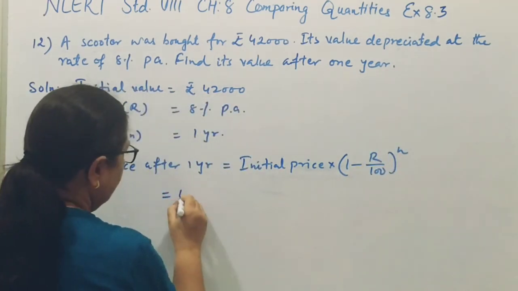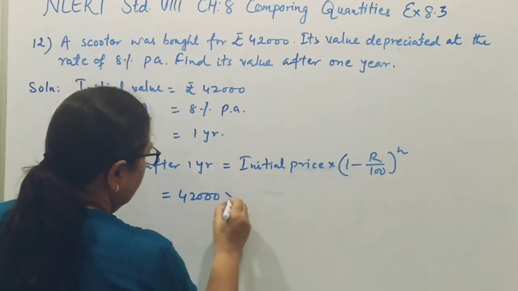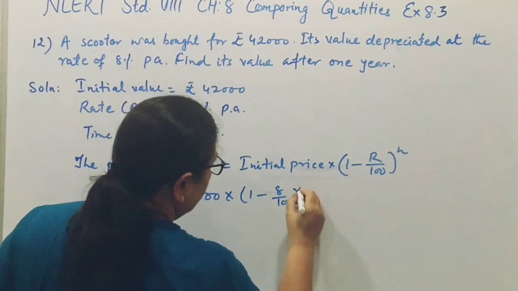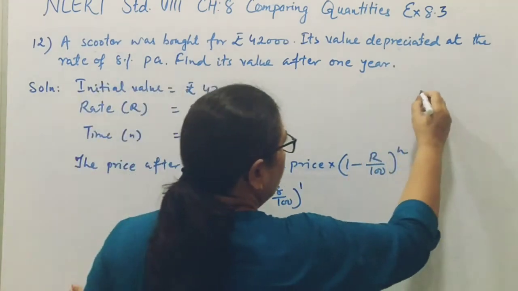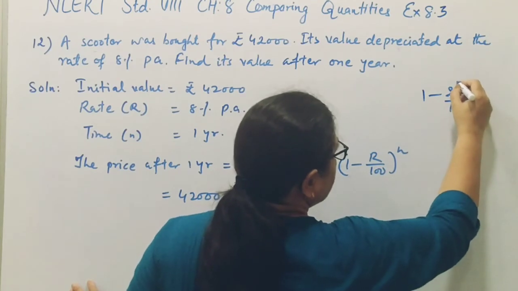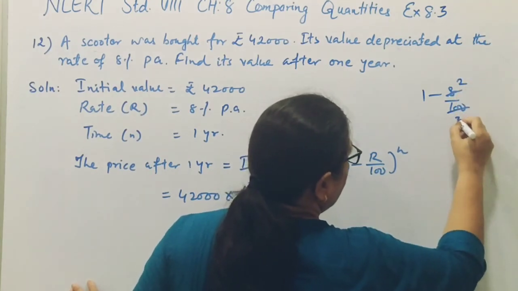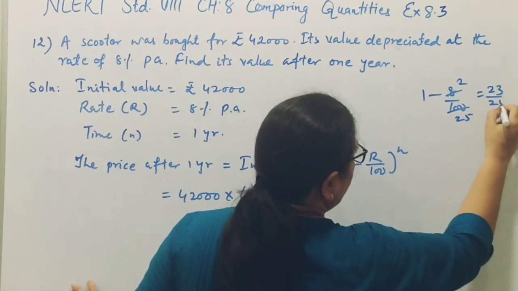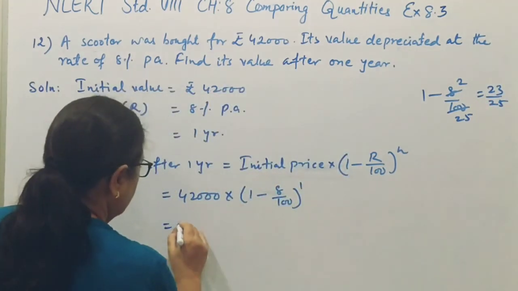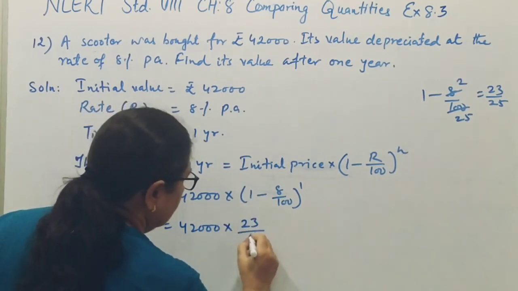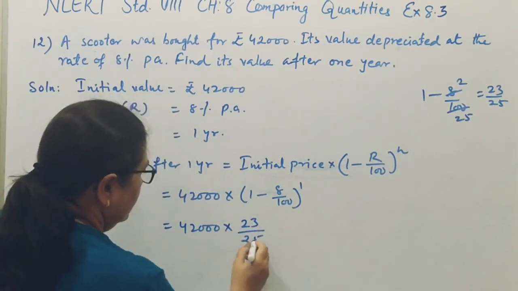So it is given by 42,000 into 1 minus 8 upon 100 raised to power 1. So 1 minus 8 upon 100 after simplification will become 23 upon 25. That is 42,000 into 23 upon 25.